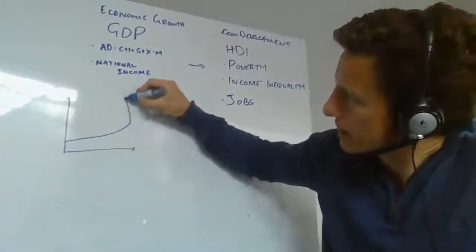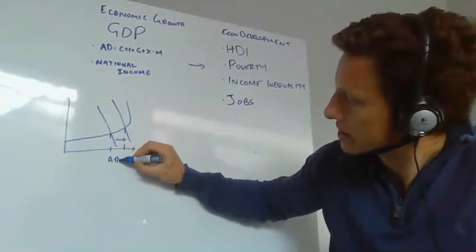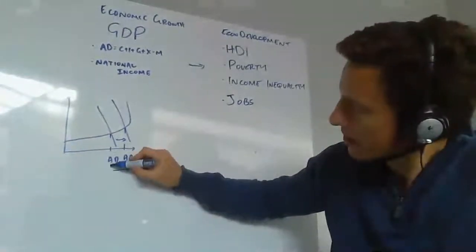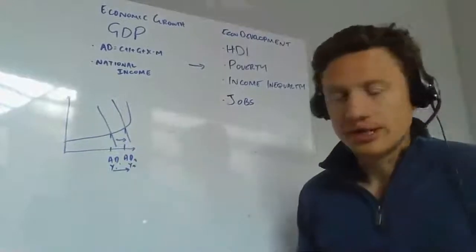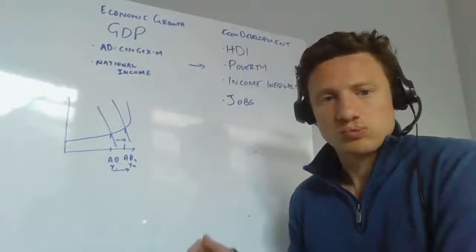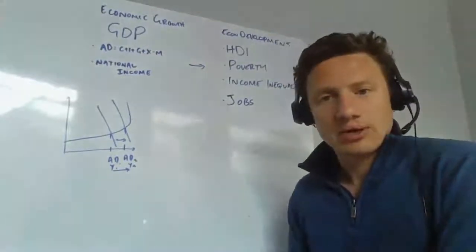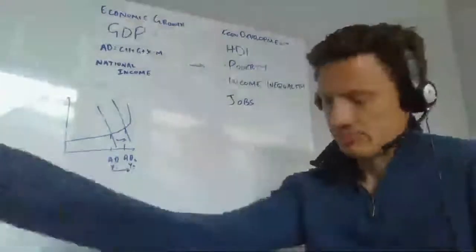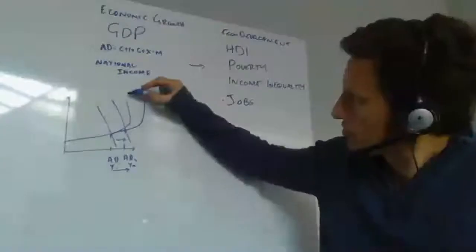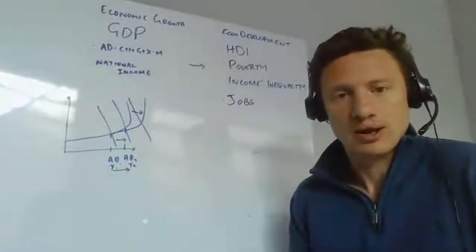We could be talking about simply the aggregate demand curve moving to the right, and national income obviously increasing. However, you'll know, because you'll have done these models quite a lot by now, that this has a limit. It will only ever go as far as the PPF. So again, when we talk about economic growth, we're also quite often talking about the AS curve shifting to the right as well.